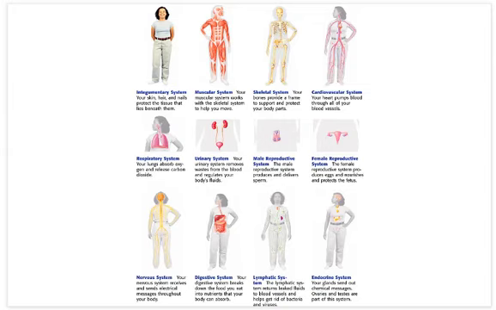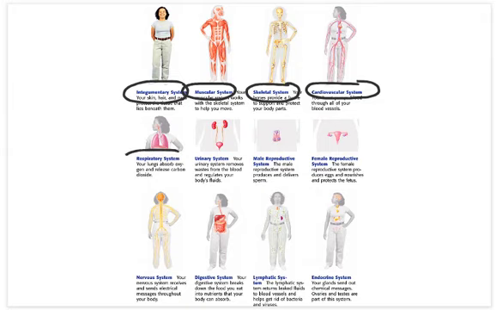Here's a picture that's from your textbook. This lists the several of the organ systems that we have in our bodies. We have the integumentary system. This is your skin, your hair, your nails. The muscular system, skeletal system, cardiovascular system, your heart and blood vessels, respiratory system, lungs and esophagus and nasal passages, mouth.